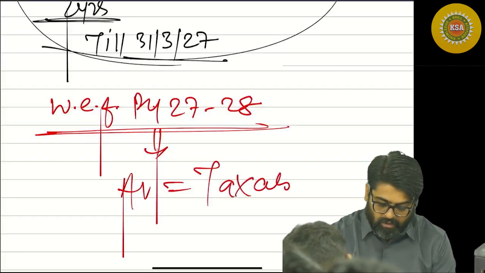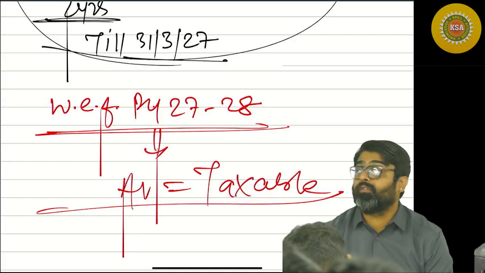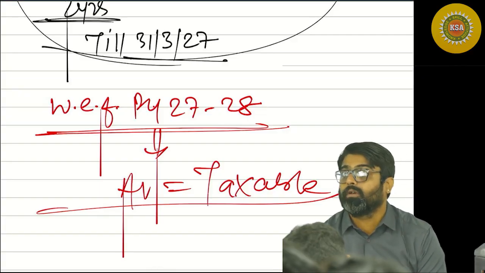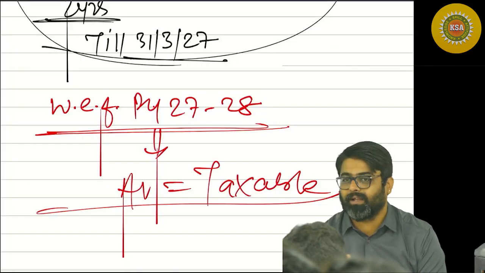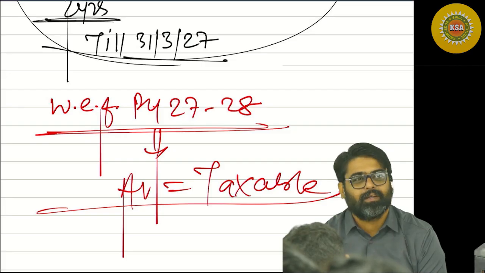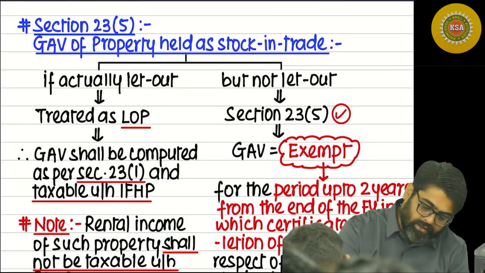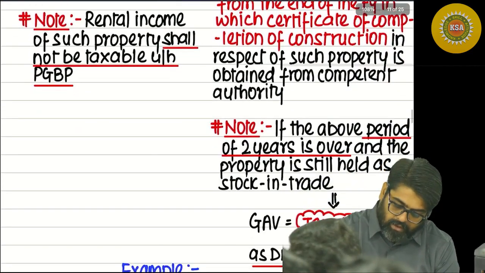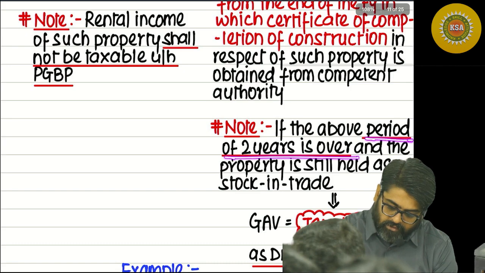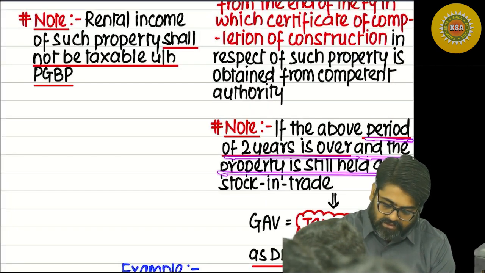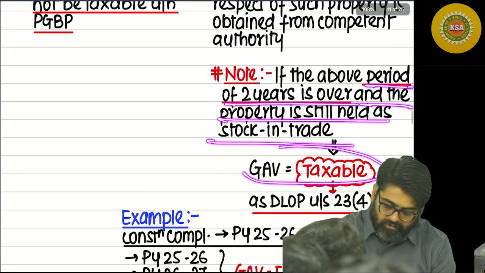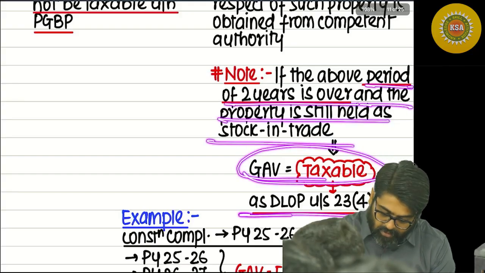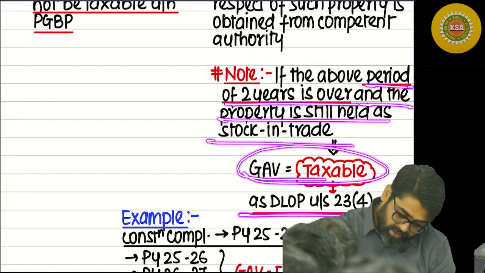Now the annual value will be as if the property is deemed to be let out. Got it, sir? This was your section 23(5). Everyone understood this? Now see, if the above period of 2 years is over and the property is still held as stock in trade, GAV will be as if the property is let out, meaning as deemed let out property.